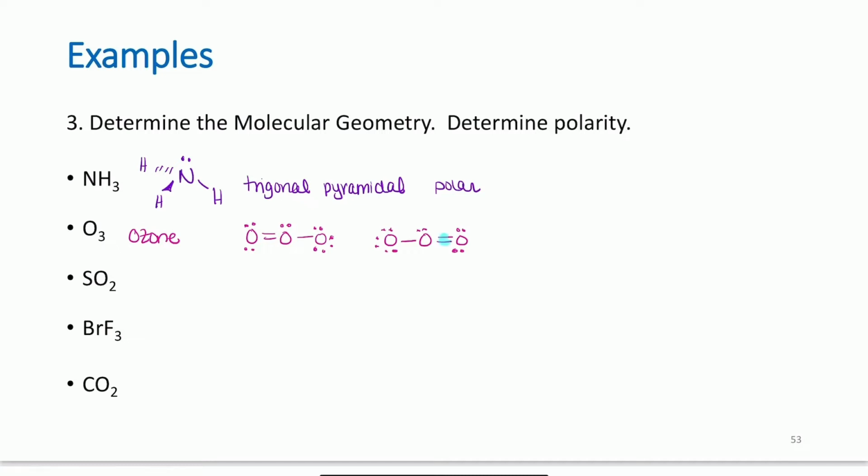But what you're going to find is 1, 2, 3 areas of electron density, which means it's going to follow a trigonal planar shape. But that lone pair doesn't count into the structure. It's just the trigonal planar shape. So we call this bent. And because it's based on trigonal planar, its bond angle will be a little less than 120 degrees. But it is a polar molecule because of the shape.